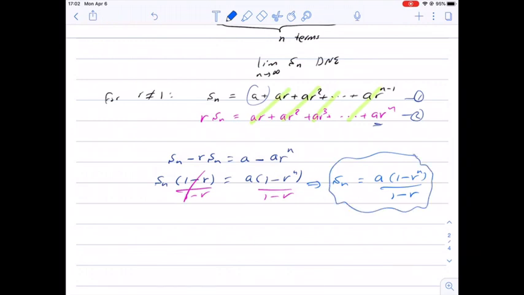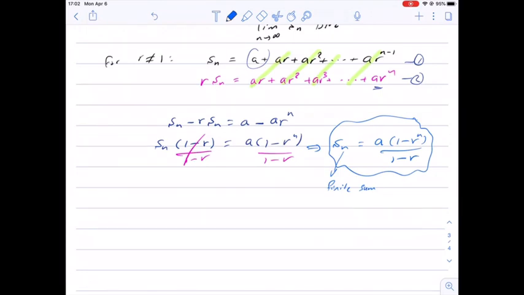Now this gives us the nth partial sum of the sequence if r is not equal to 1, and this is a finite sum.